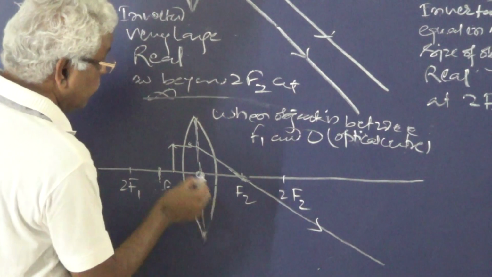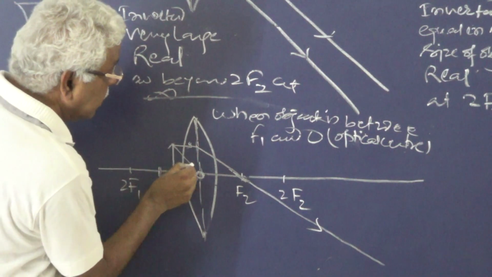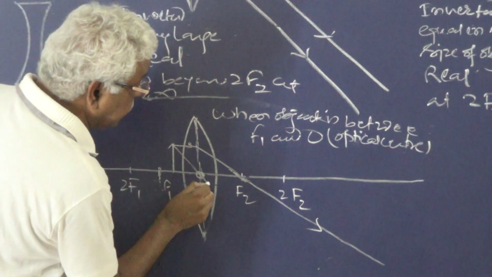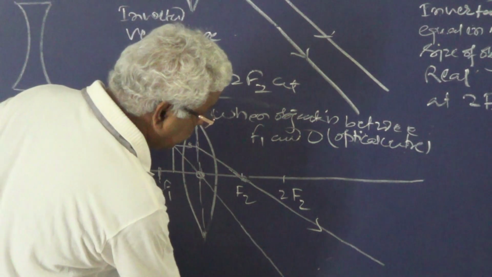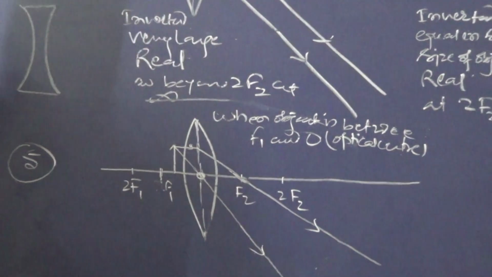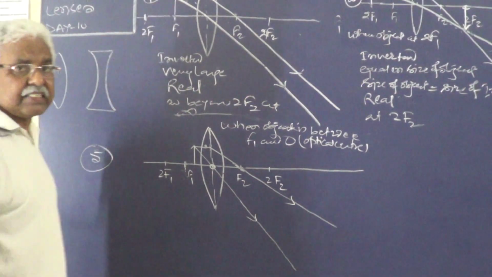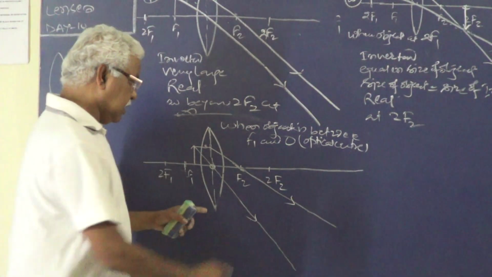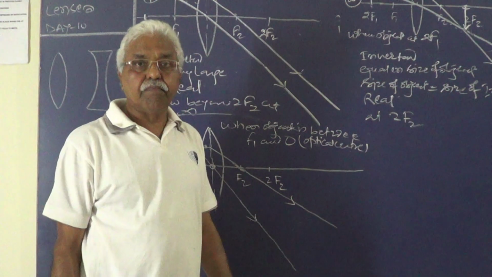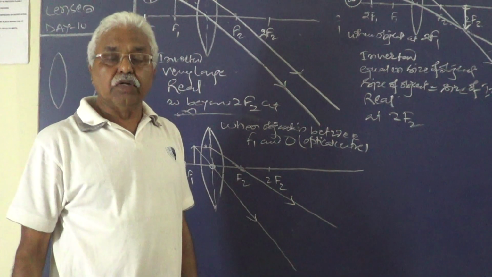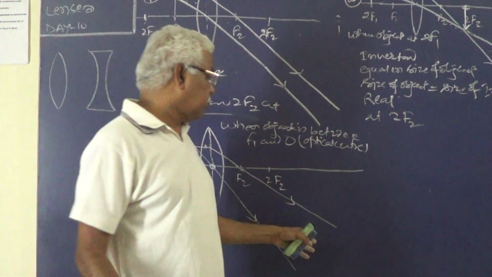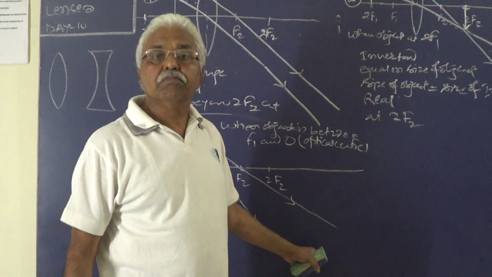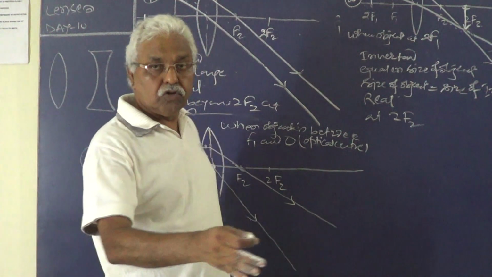Second, it passes through the optical center. So what actually happens? The refracted rays are diverging. Diverging rays will not be able to form the image. That's it. Now, draw it backwards.